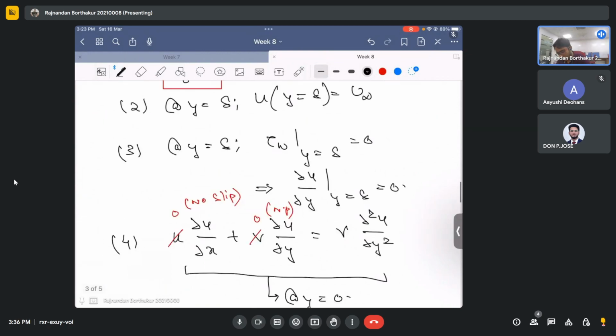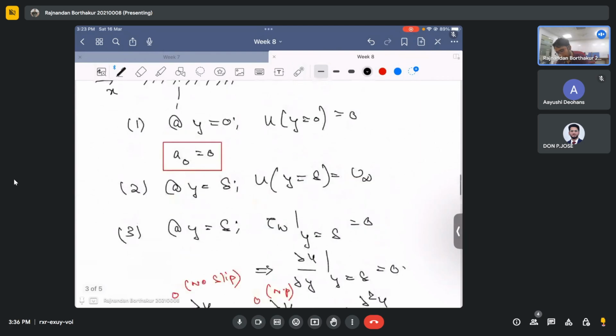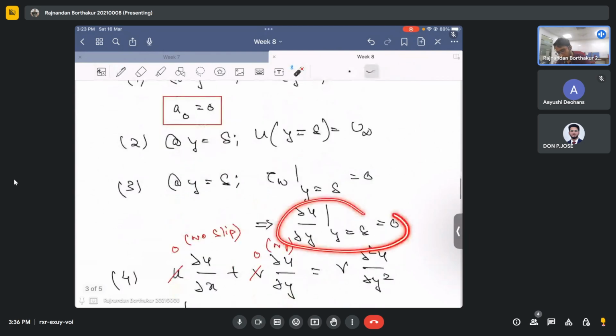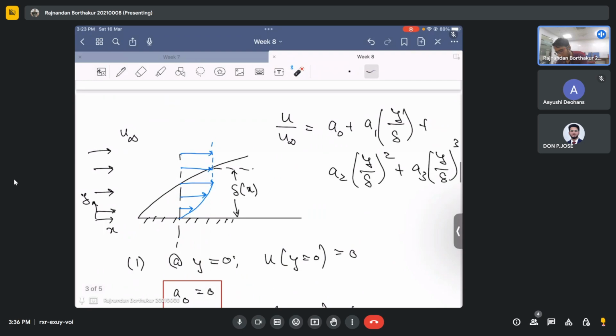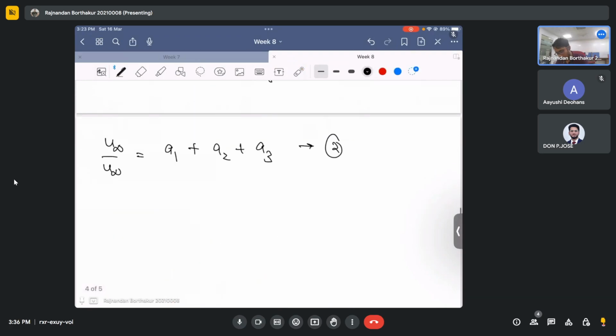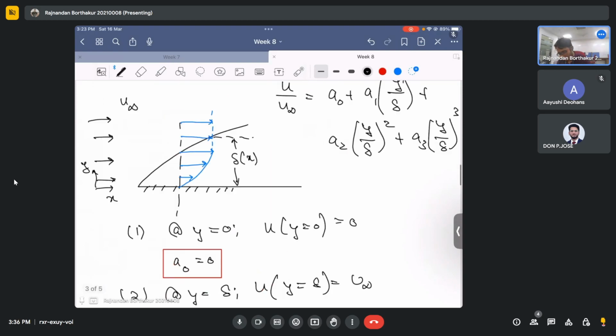The third condition says that its gradient, del u by del y at y equal to delta, is 0. Let's now evaluate del u by del y.